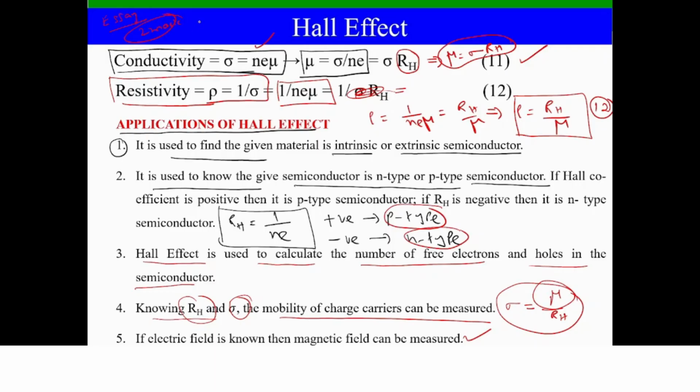In the case of 2 marks, they will ask for the statement of the Hall effect, or they may ask what the applications of the Hall effect are. These two are important for the short answer question, whereas the entire topic is important for the essay. But overall it is a very important question. This is about the applications and derivation of the Hall effect, complete information.